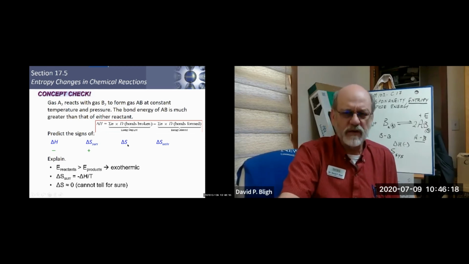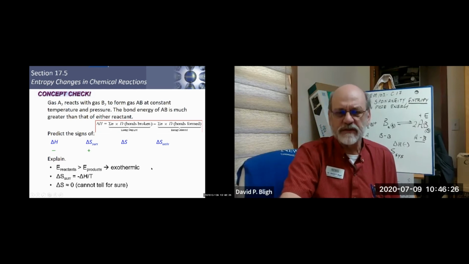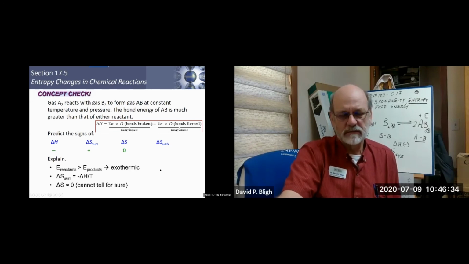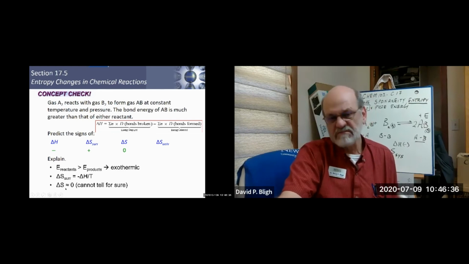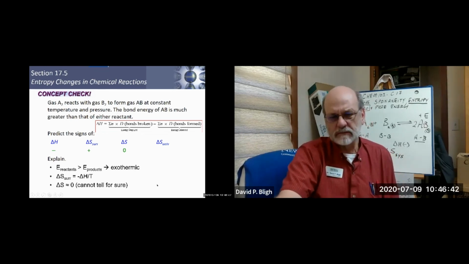I should go back in there and put that delta S system in there, because that can be confusing. So what would the delta S for the system be? We don't know for sure. There's no way to tell. It's possibly about 0, but we don't know for sure.